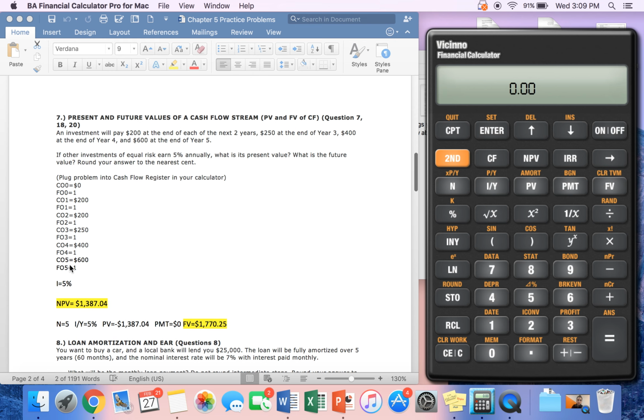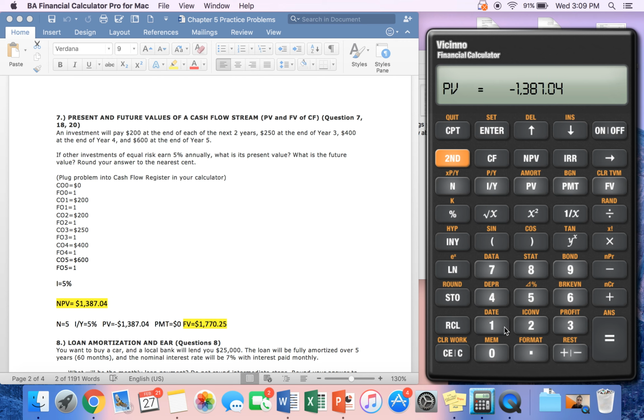We take all of the same inputs, and for our present value, we're going to plug in our net present value from that previous question to solve for our future value. So if we go over here to our calculator, we have a cash flow stream at a rate of 5%. We're going to plug in that figure we just solved for, 1387.04.